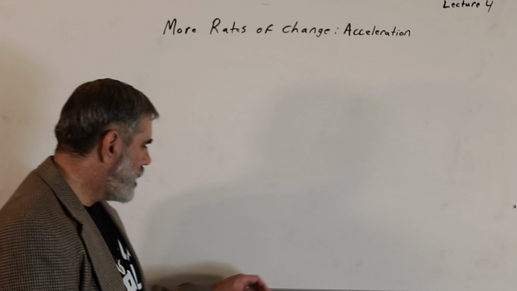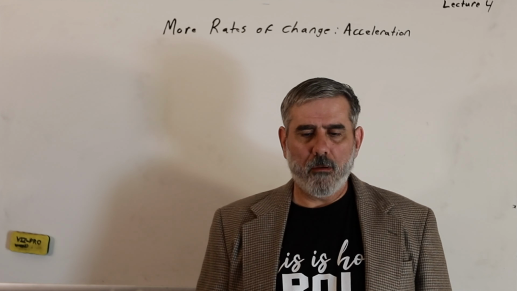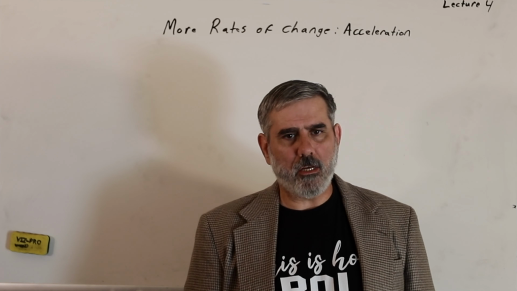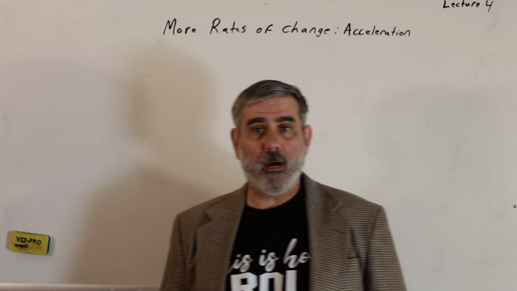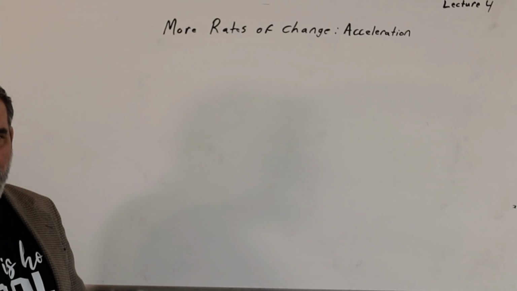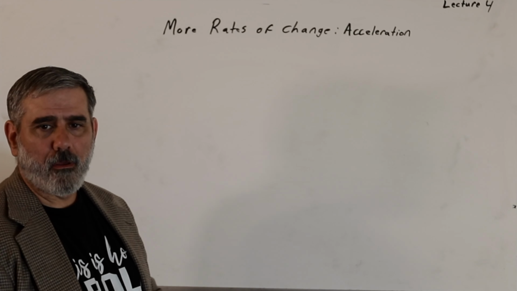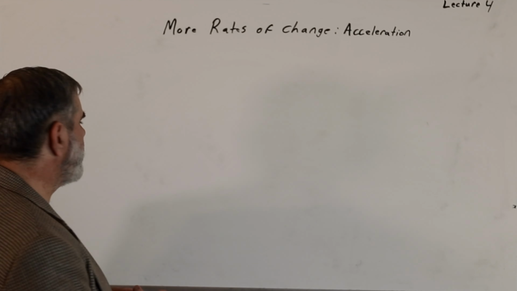Back to lecture 4, titled More Rates of Change, Acceleration. Now this one is often tricky for students to grasp. It is completely analogous to the rate of change, velocity, and speed that we talked about in lecture 3. However, this is the rate of change of a rate. And I think what makes it a lot easier to get initially is if we do a couple of things.